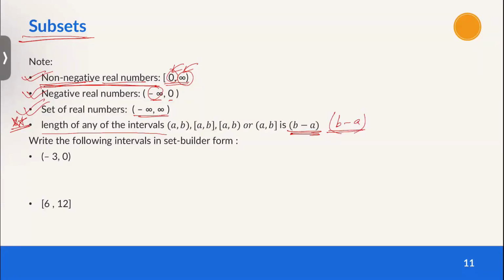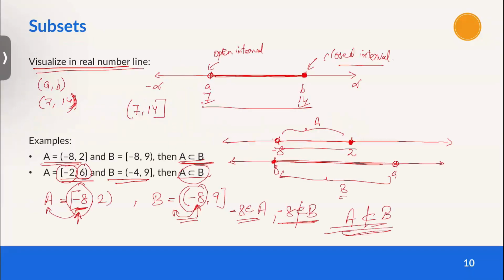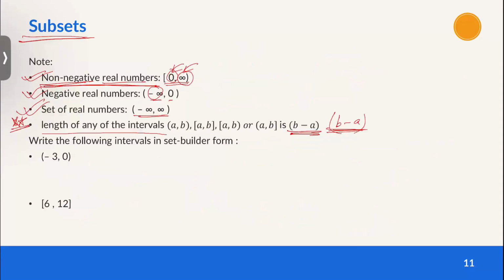The length of that interval will always be equal to B minus A. In this example, you can see, if this is B and this is A, this will be the length of the interval. It doesn't matter if you include A or B or not. It will always be equal to B minus A.